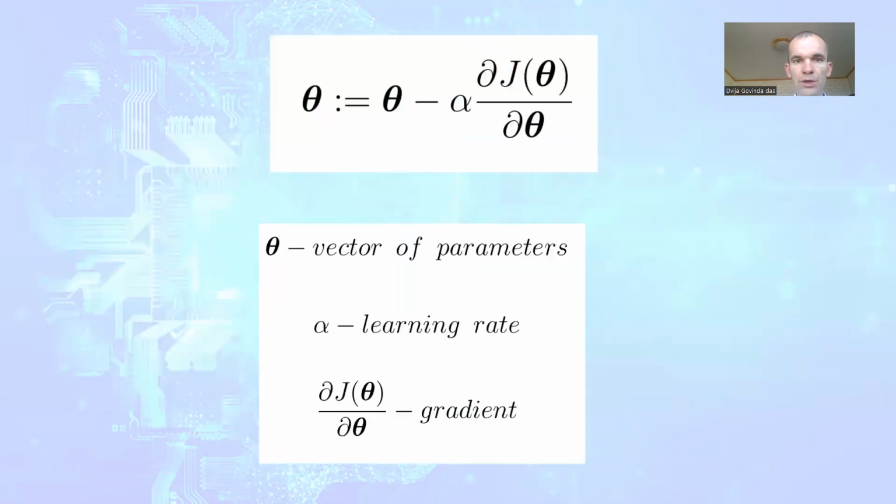So we will see how it can be expressed by formulas. Suppose we have some parameter theta, and in our case it could be either W or B, weight coefficient W or bias B, and we decrease it by some coefficient alpha, which is called the learning rate, multiplied by the gradient of the corresponding cost function.